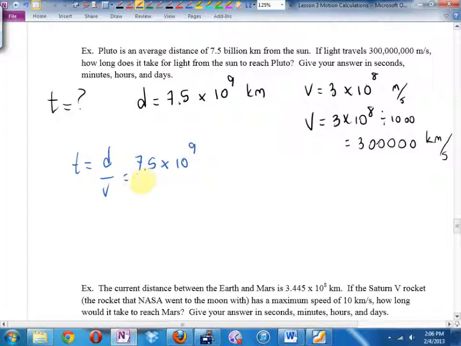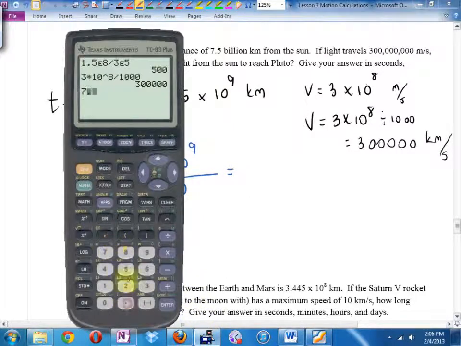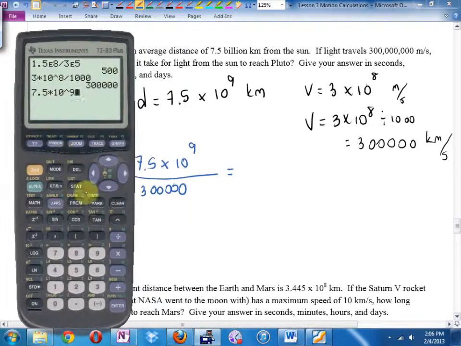Divided by 3 with 1, 2, 3, 4, 5 zeros. 7.5 times 10 to the exponent button 9 divided by 3, 1, 2, 3, 4, 5 zeros.